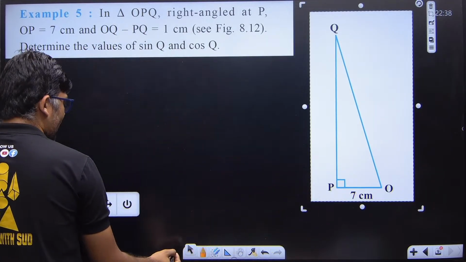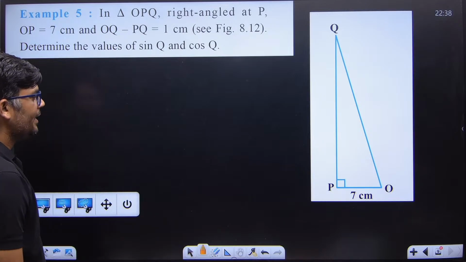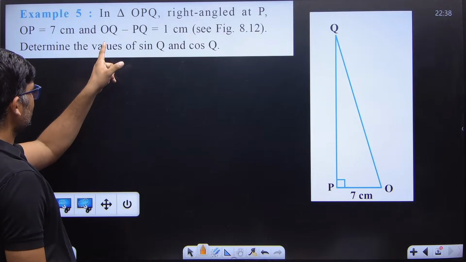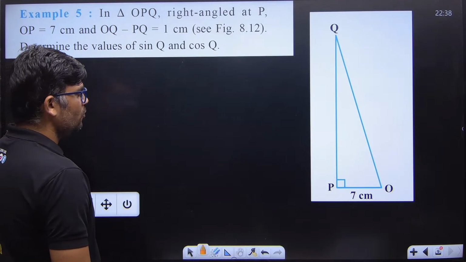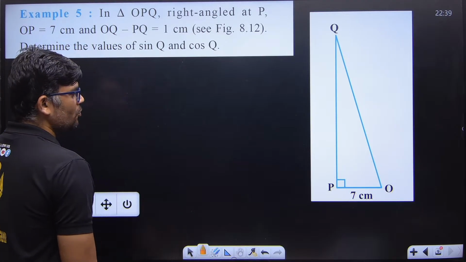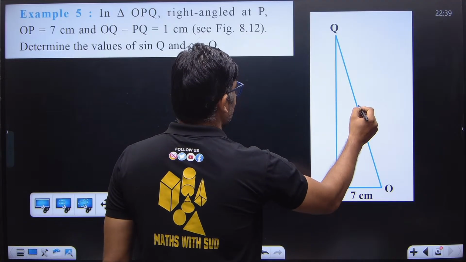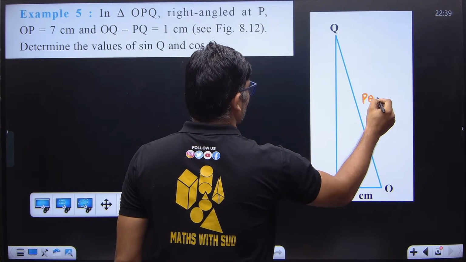Now they are saying in triangle OPQ, right angled at P, OP is equal to 7. OQ minus PQ is equal to 1.